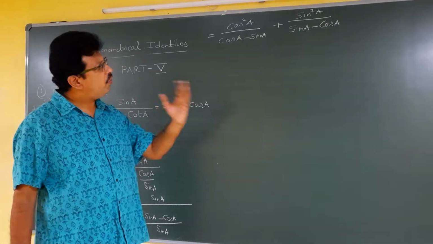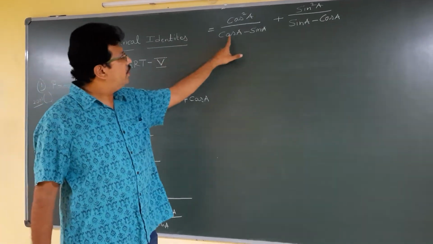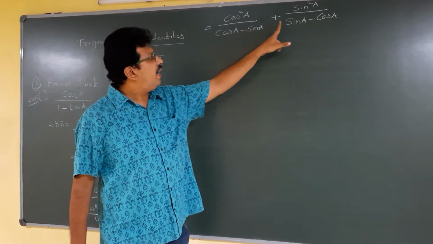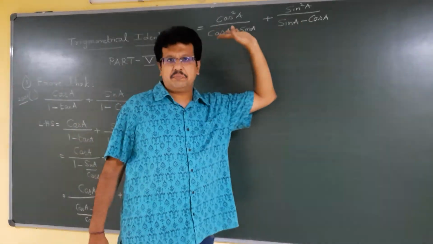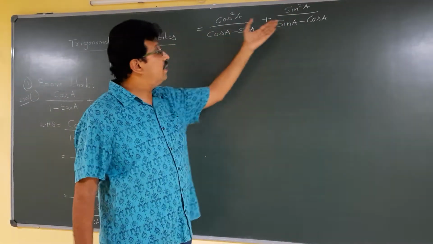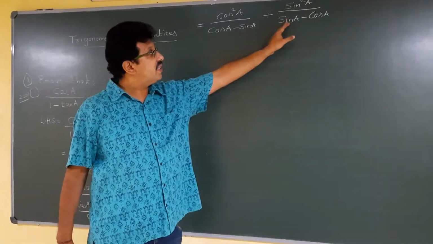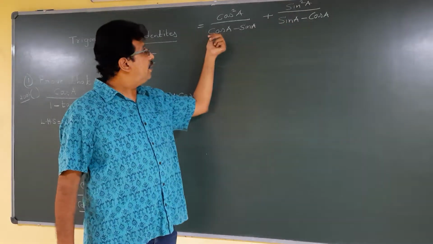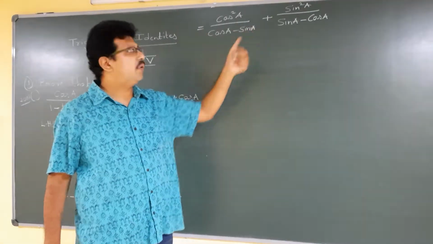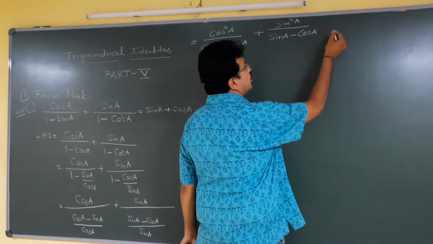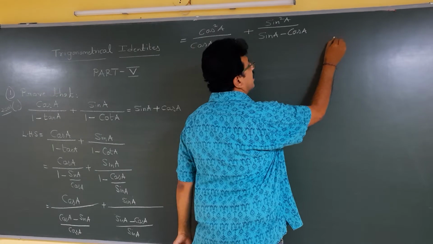But before taking the LCM, we need to observe this is cos A minus sin A and this is sin A minus cos A. We cannot take the LCM directly like this. We have to be very careful. We have to change the sin A minus cos A in terms of cos A minus sin A. It will be quite easy for you. I'll show you how.